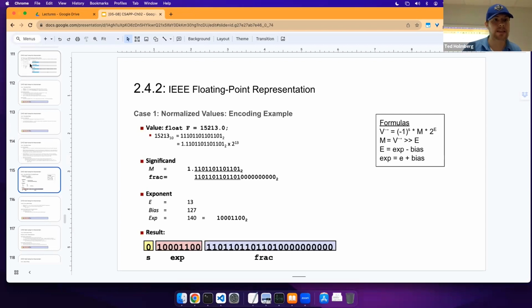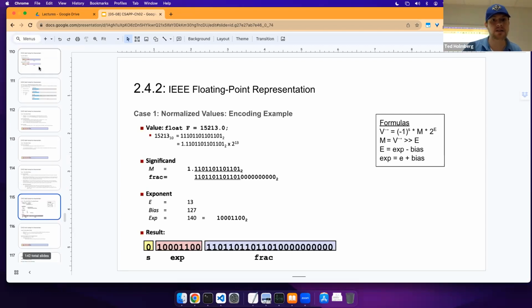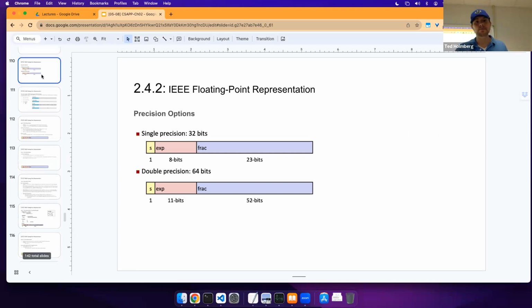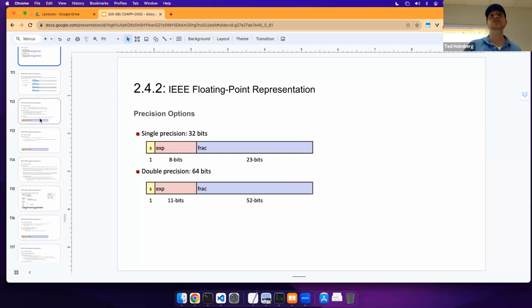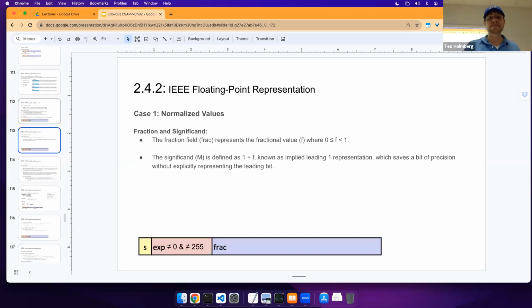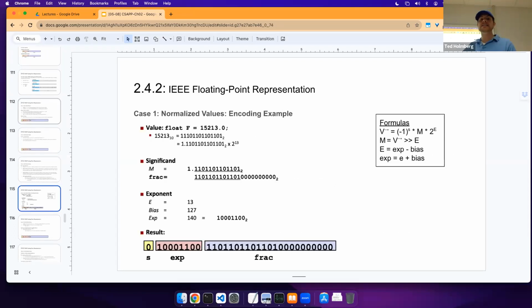Now, recall that when we looked at the size, let's go back to this slide. In my fractional component, I can hold up to 23 bits on a 32-bit floating point number. I only shifted by 13, so I have to append zeros so that it actually fits.